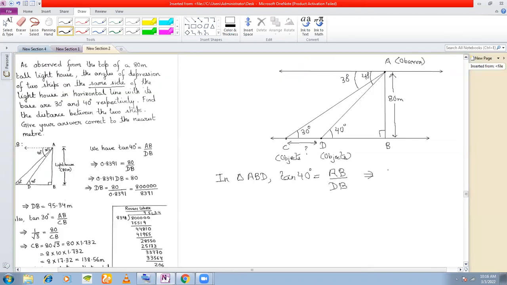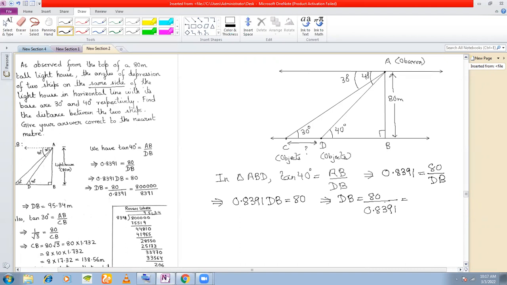So let's put the value here, 0.8391 is equal to AB is 80, and we can find out the length DB. So if you cross multiply, you get 0.8391 into DB is equal to 80. That means DB is 80 divided by 0.8391.